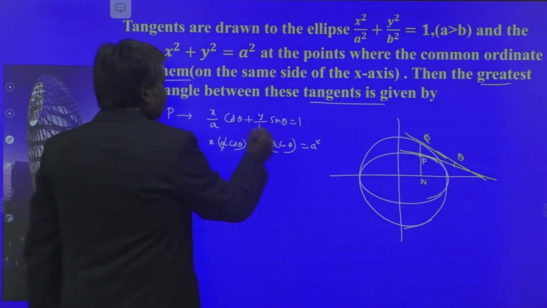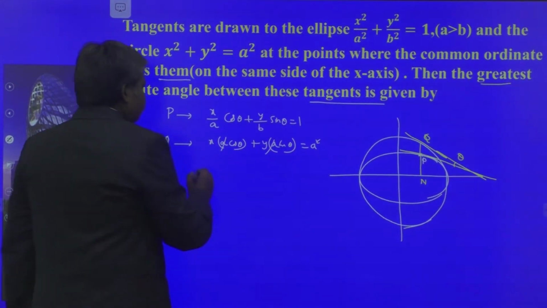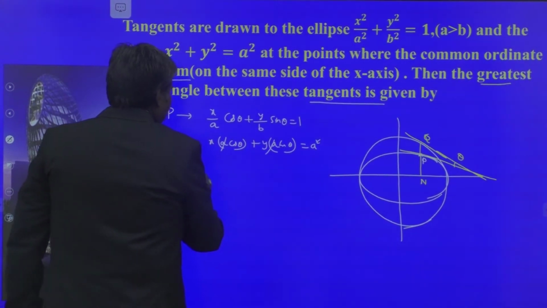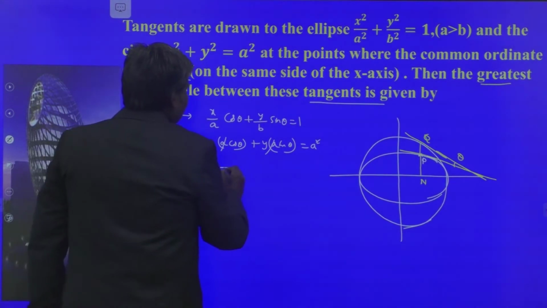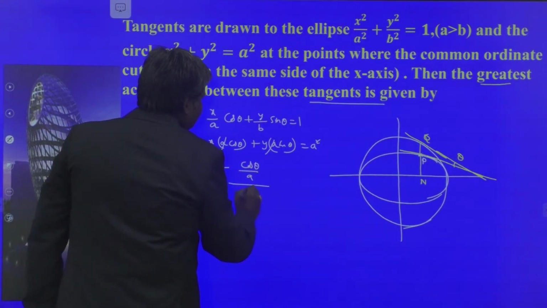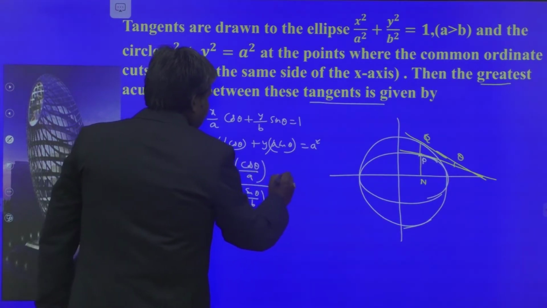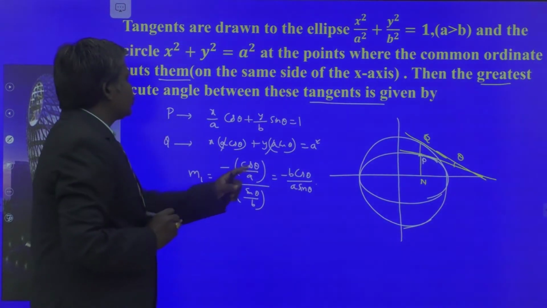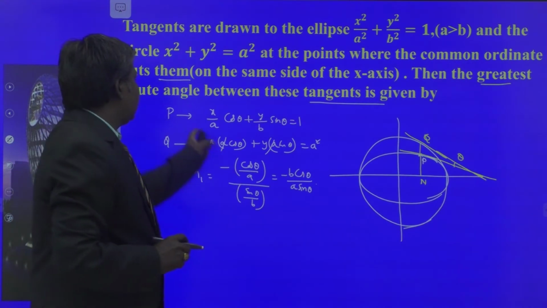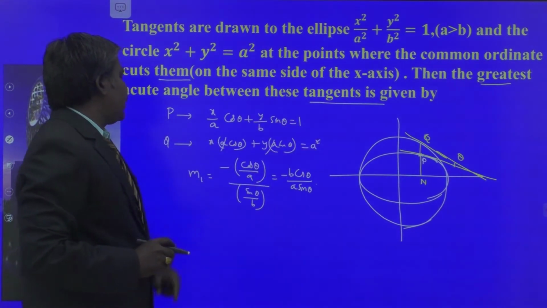So, what is the slope of this tangent? Suppose m1 is the slope of the tangent drawn at P, that is minus x coefficient by y coefficient: minus (cos theta/a) by (sin theta/b). It is nothing but minus b cos theta by a sin theta, that is minus (b/a) cot theta. This is the slope of the line which is the tangent at P to the ellipse.